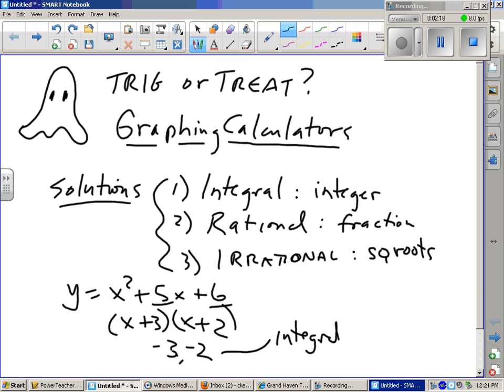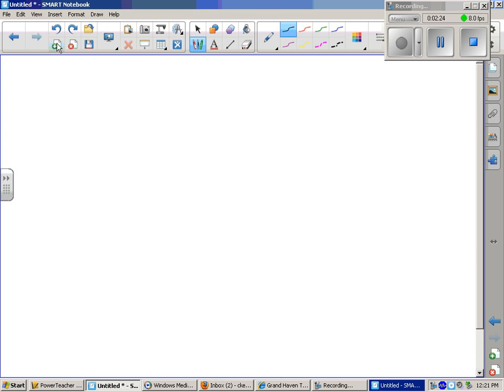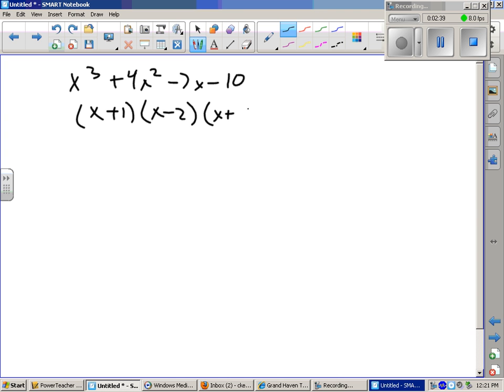Okay. Now, when we do these on the calculator, we'll have something like x to the third plus 4x squared minus 7x minus 10, which is not as easy to factor. What it does factor to is x plus 1, x minus 2, and x plus 5.